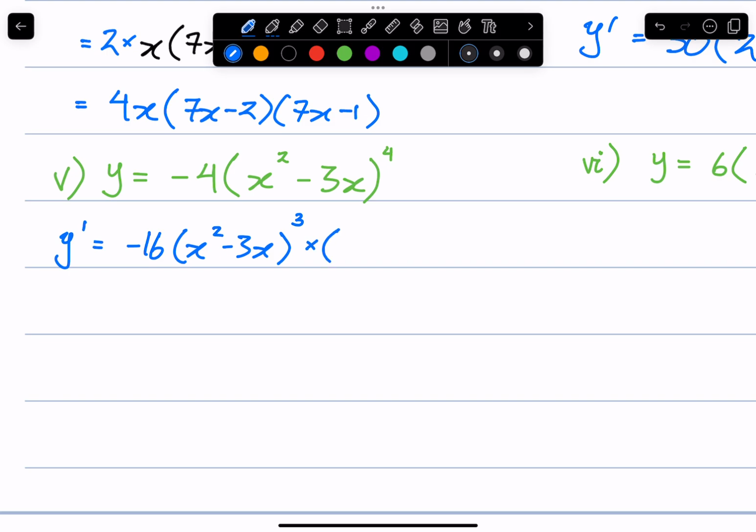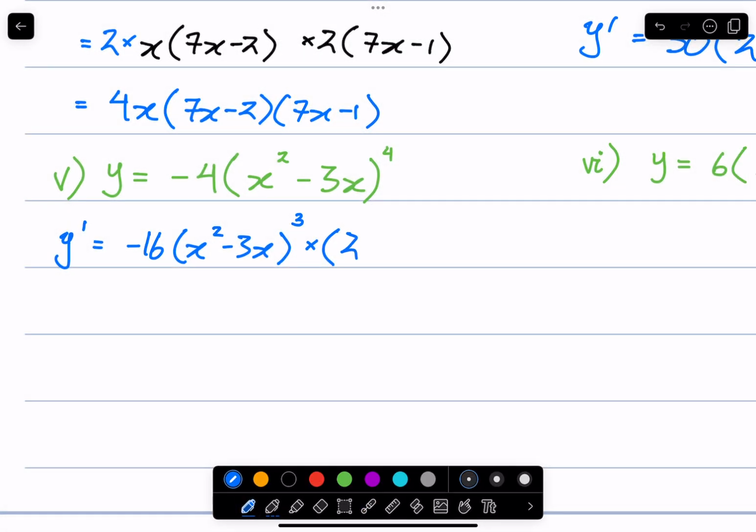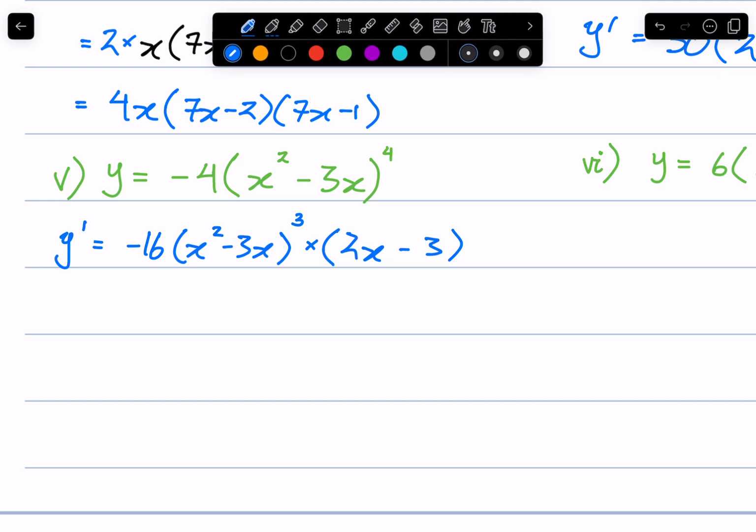And now we multiply by the inside function. The derivative of the inside function is going to be 2x minus 3. And that one cannot be factored, so we just leave it as y prime equals negative 16 times 2x minus 3 times x squared minus 3x to the power of 3.